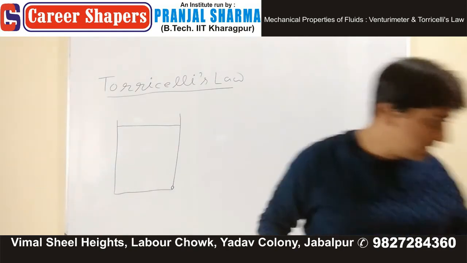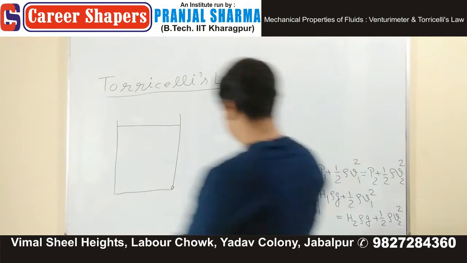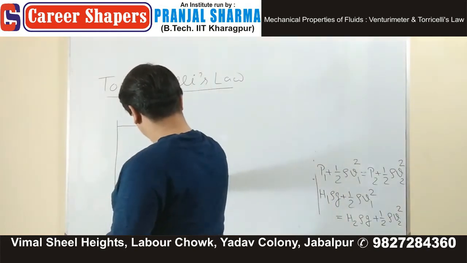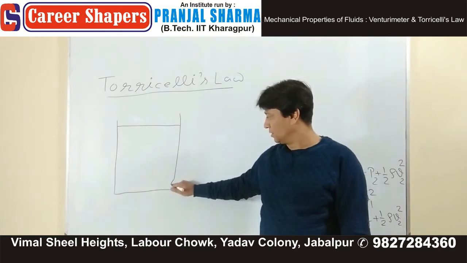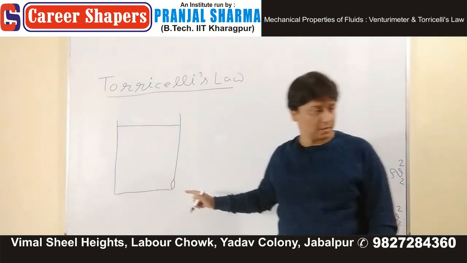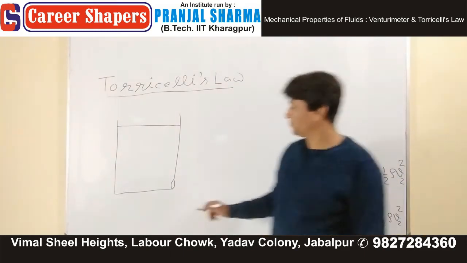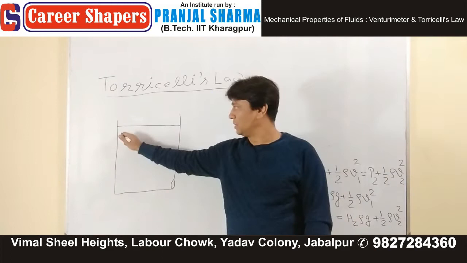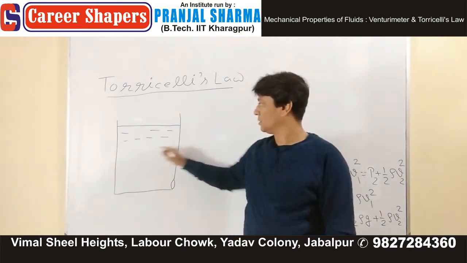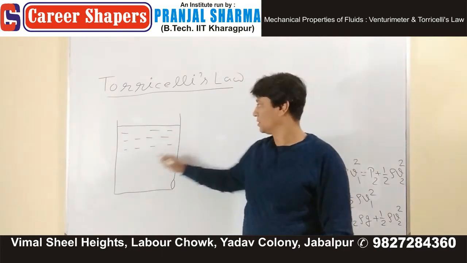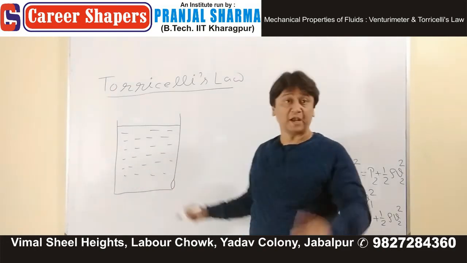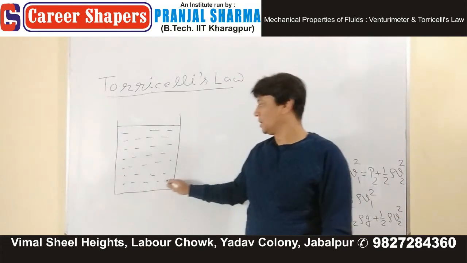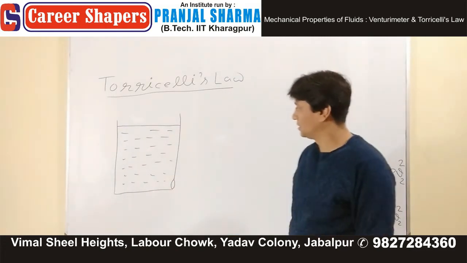Just so that you can see it, I'll make it a bit larger. This is the hole at the bottom. Now it's visible. And the whole tank is filled with water or any liquid which is incompressible and has no viscosity.